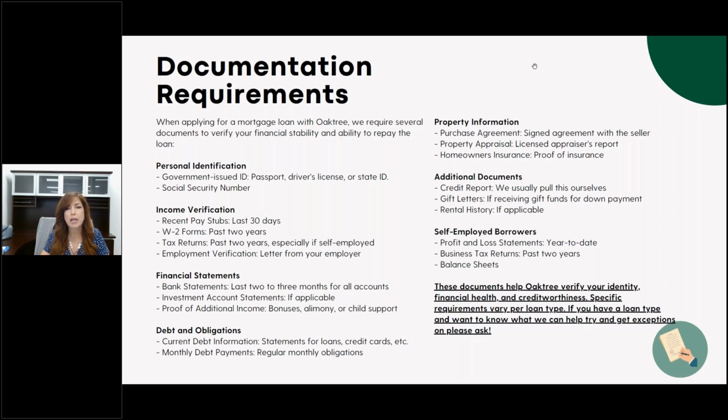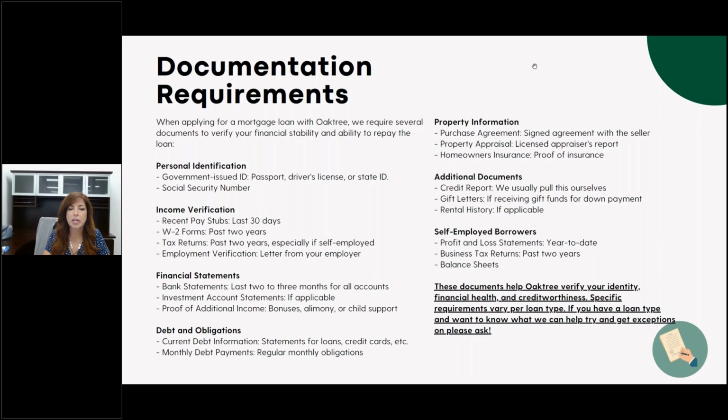Not the mortgage payment, but the rental income that we're using to qualify that borrower, either as DSCR or even income qualifying if we are using rental income. We do need that rent loss coverage on their homeowners insurance policy. It needs to cover at least 6 months' worth of rental income.